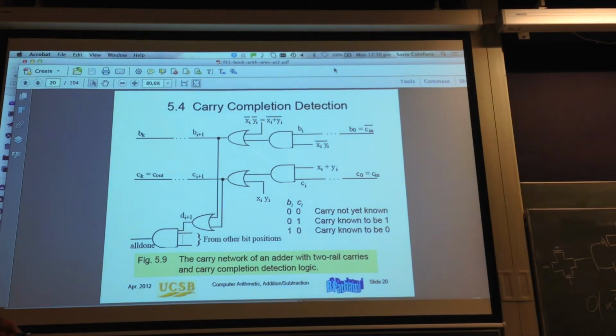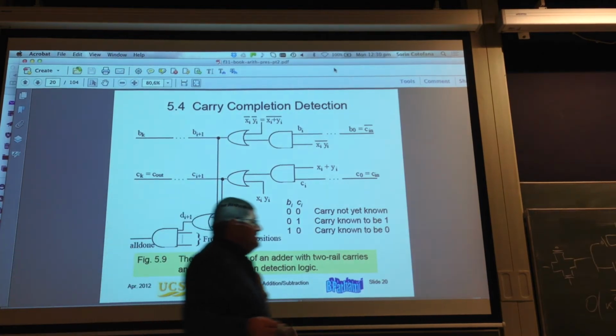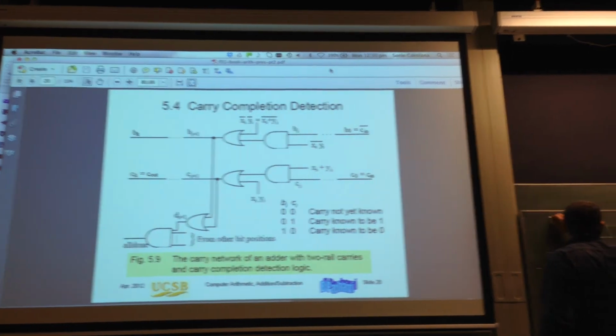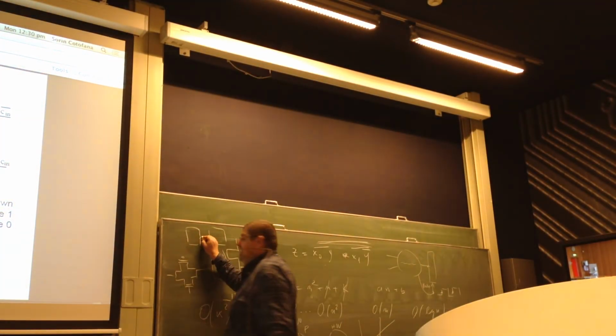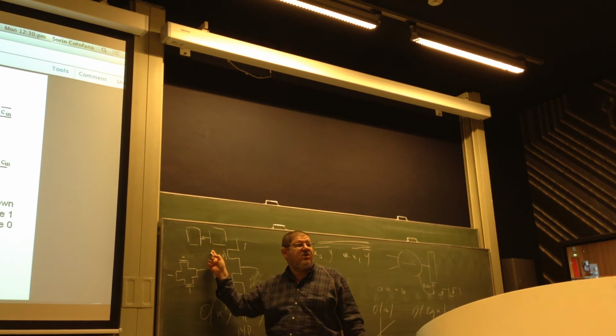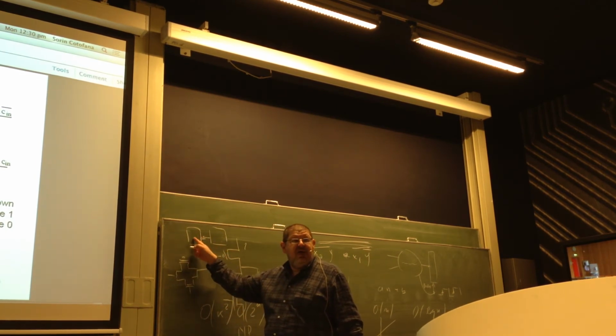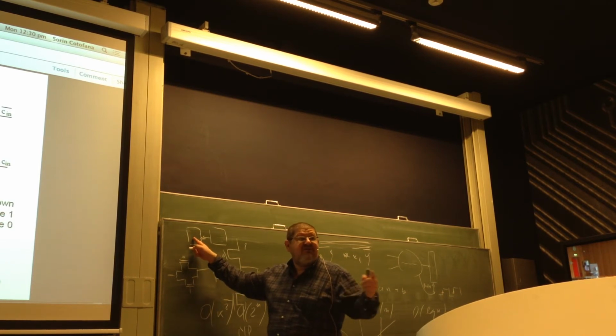Now, how do I do that? I do that by changing a bit my logic with what we call a carry completion detection. Now, remember the full adders? This is the full adder, this is the full adder. We had here a carry, which was 1 bit, 0 or 1. This carry was coming from here to here, and was only transporting a value.